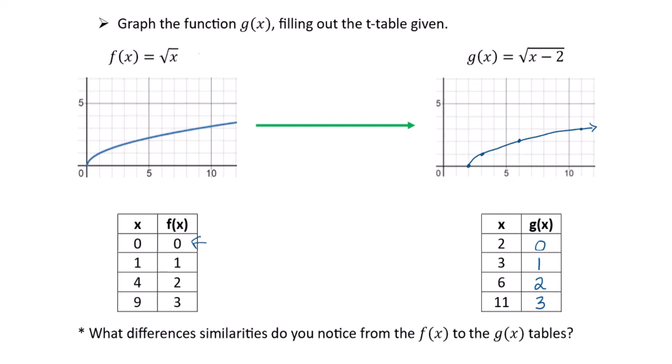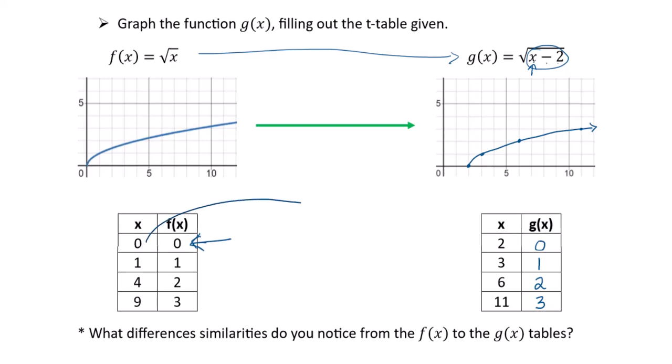Now in the equation, it looks like we're going to have to subtract 2 from the x. But remember, this formula says that g of x is the square root of whatever input we have minus 2. So we have to put 2 in there in order to get the same output as we had in the table over here. So every x has been shifted to the right 2.